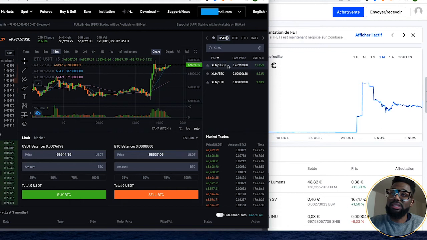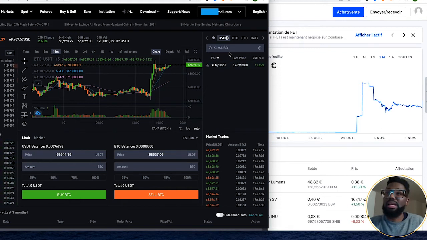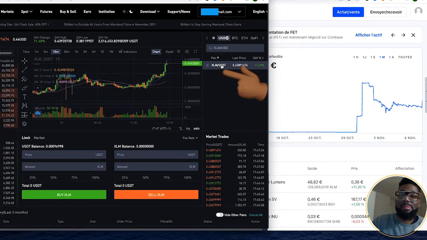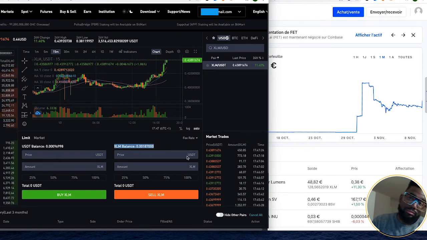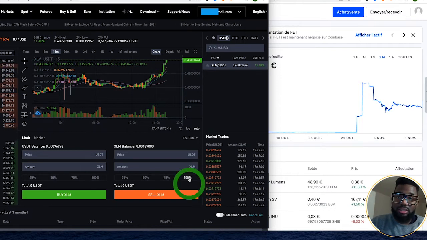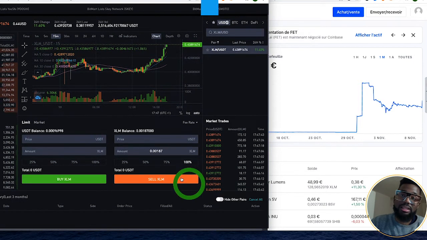You can see it here. We are going to sell our XLM tokens to get USDT tokens. This is my XLM balance. If you want to convert all your XLM to USDT, click on 100% and then click on sell XLM.